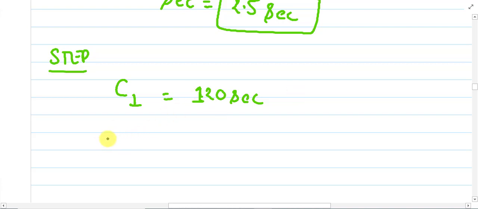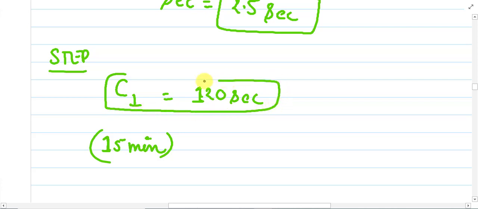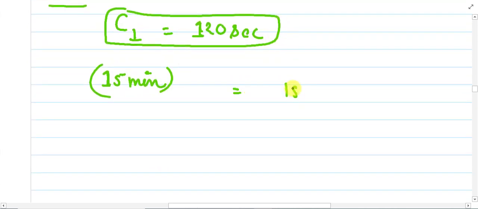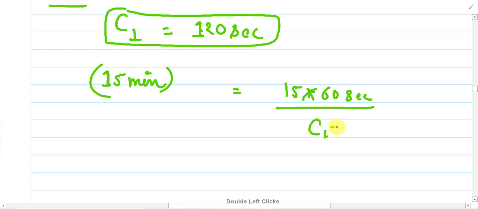Okay. So if you have a 15-minute approach, because you have already counted the number of vehicles for 15 minutes, can you tell me how many of this C1 will appear in this 15 minutes? In this 15 minutes, there are 15 into 60 seconds, and we have cycle length which is equal to 120 seconds.